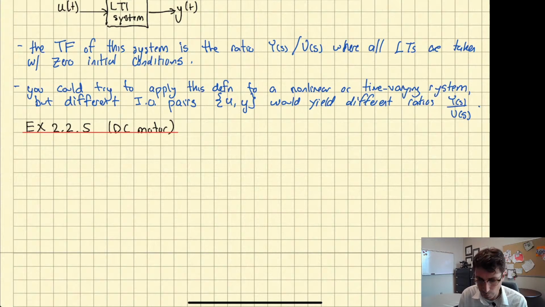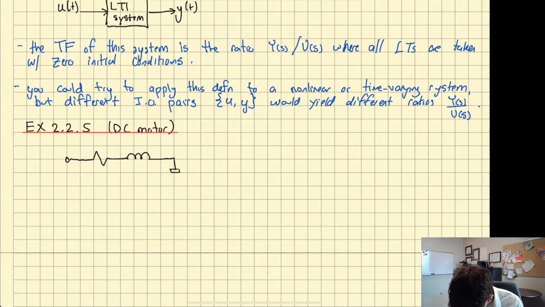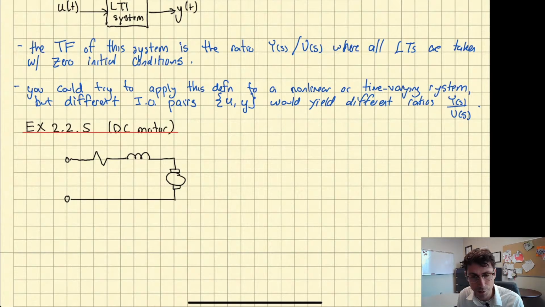I just want to get the transfer function of it. But the picture you typically have in mind is something like this. There's an electrical part to the DC motor, and then there's the mechanical part, which I will draw over here.